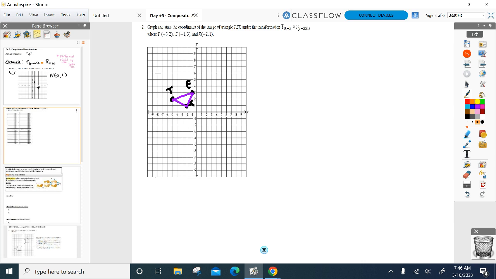And everyone sees the composition I'm asking you to do right up here. Here's the composition I'm asking you to perform.